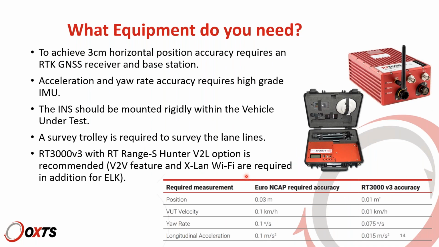So for those particular two scenarios for emergency lane keeping, you would need the Wi-Fi and also the vehicle-to-vehicle feature. Otherwise, all that you would need is the vehicle-to-lane RT Range Hunter option, which is a software feature that will enable you to calculate all of the vehicle-to-lane measurements that you need to perform this test.